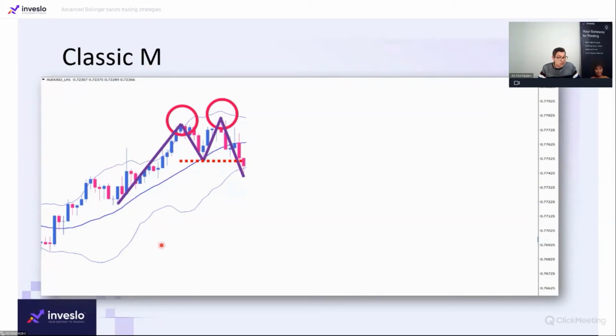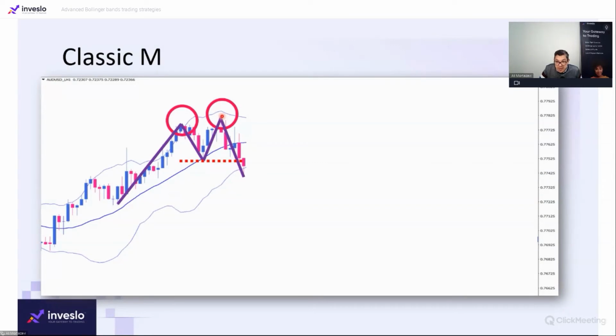So to identify these patterns, guys, please bear in mind that first you need to have a prior trend. For example, you need to see the market is on the rise or on the drop. The second is that you need to see your relative lower top or relative higher bottom in terms of the Bollinger Bands. And then we need a confirmation for our reversal pattern.